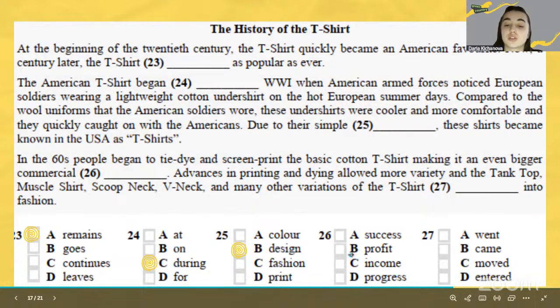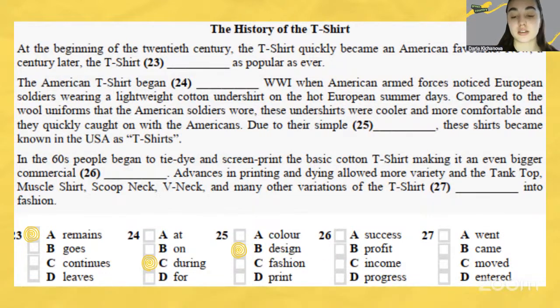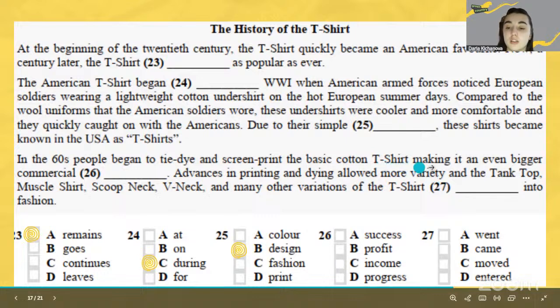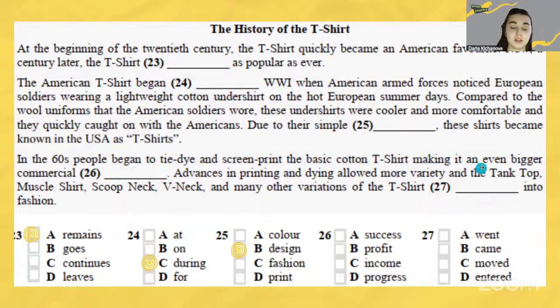And let's move on to the 26th question. And there we have with you: T-shirt making it an even bigger commercial success, profit, income, or progress. Okay, I can see success.